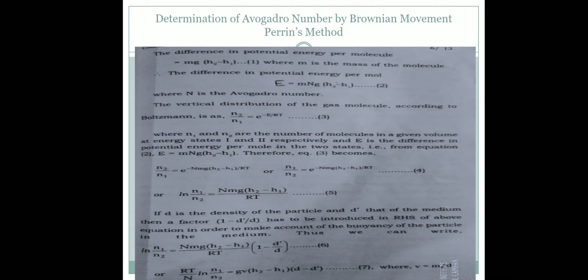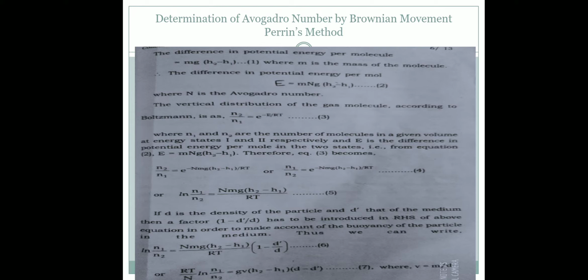By considering the buoyancy of the particle in the medium, which is 1 minus d dash by d, where small d is the density of the particle and d dash is the density of the medium, the equation becomes ln N1 by N2 is equal to N m g (h2 minus h1) by RT into (1 minus d dash by d), as in equation 6.